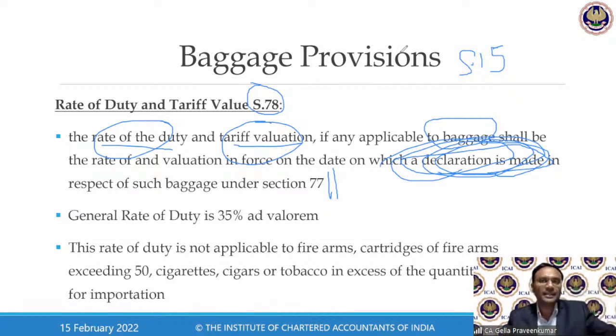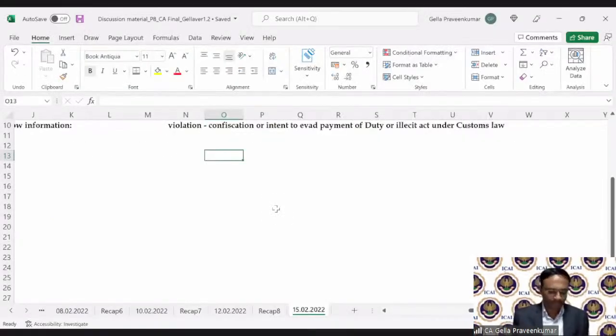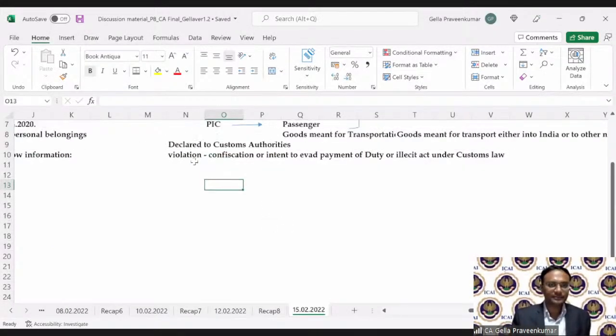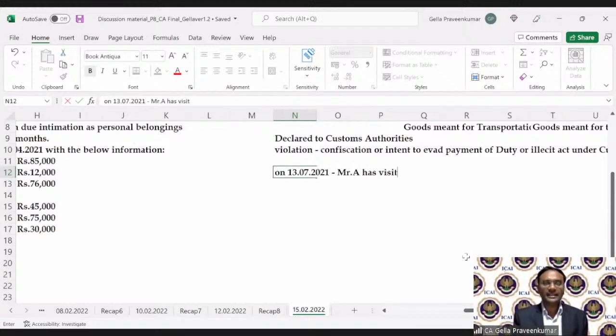I'll give one example for you to understand the importance of section 78. On 13th July 2021, Mr. A has returned back to India from Dubai.